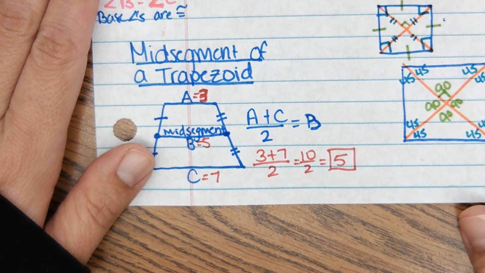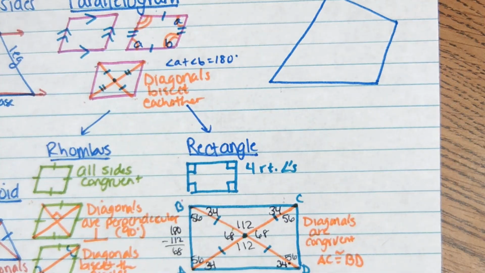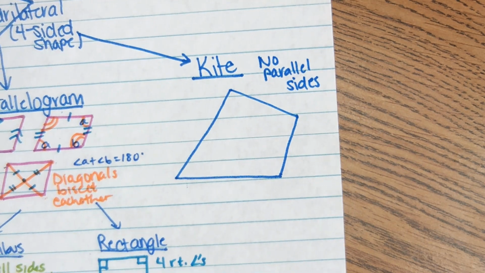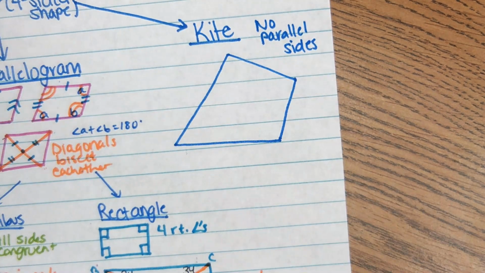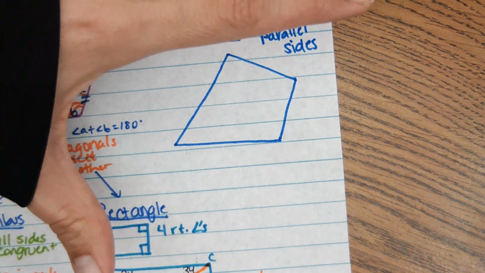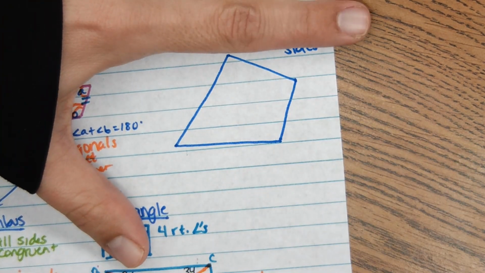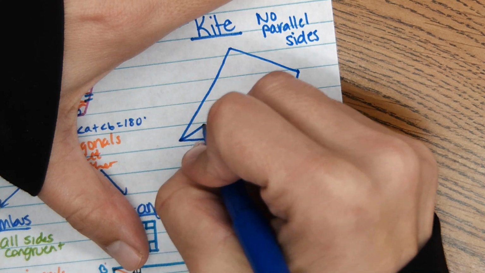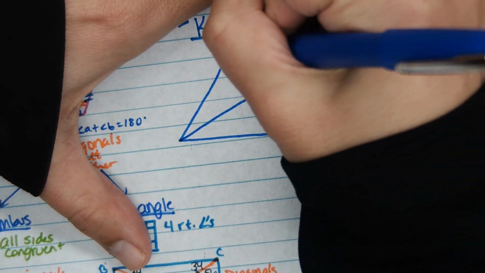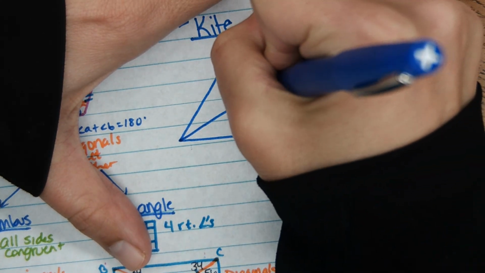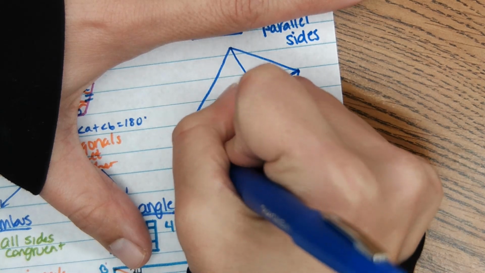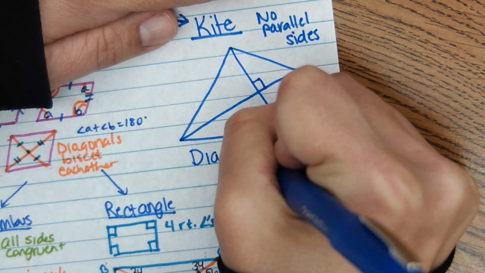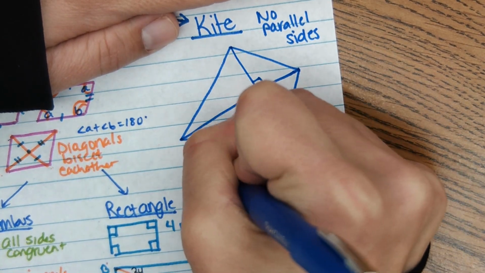Okay, kite. Over here, no parallel sides for a kite. It looks like this. You're probably kind of familiar with what that looks like. Things you need to know for a kite. The diagonals are perpendicular. So when I draw the diagonals like this, diagonals are perpendicular.